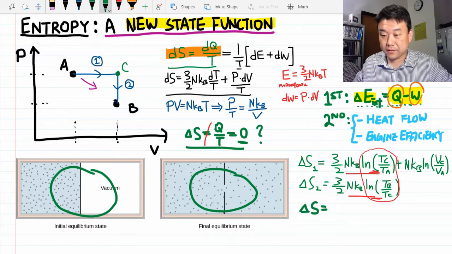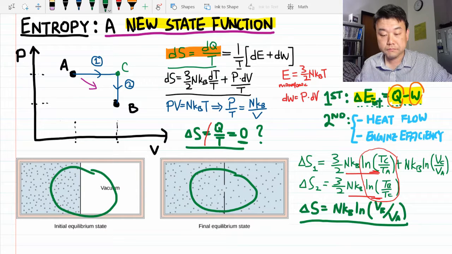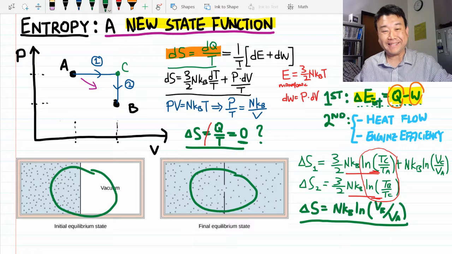And you are left with the third term, nk, the term that's associated with the change in volume. And volume at C is the same as volume at B, so natural log of Vb over Va, or in this case, natural log of 2. So yes, there is a change in entropy. So I like that better. That's probably correct.